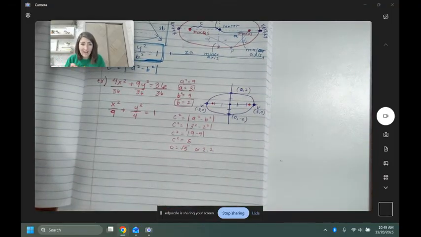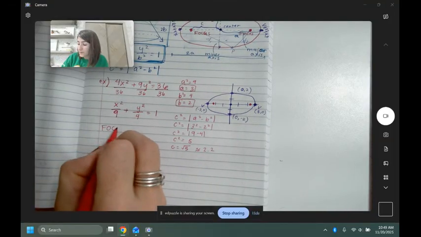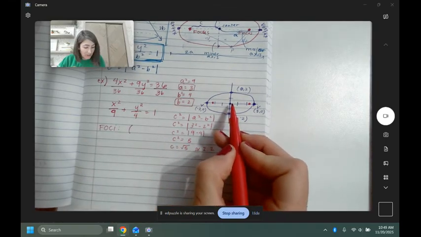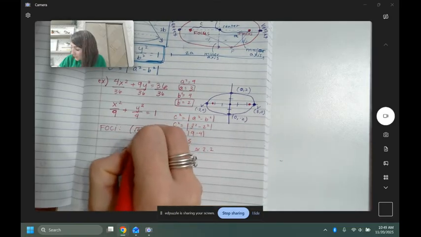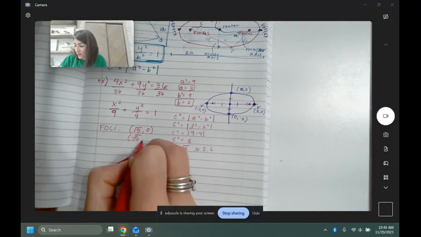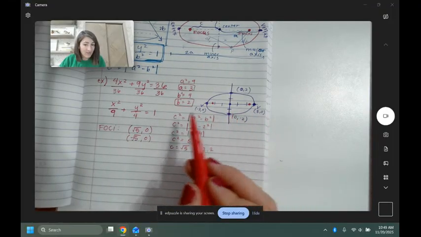I'll want to have those written out as coordinate points. So your foci, from the center, are going to be square root of 5, 0, and negative square root of 5, 0. That's how much it moved to the left and to the right.